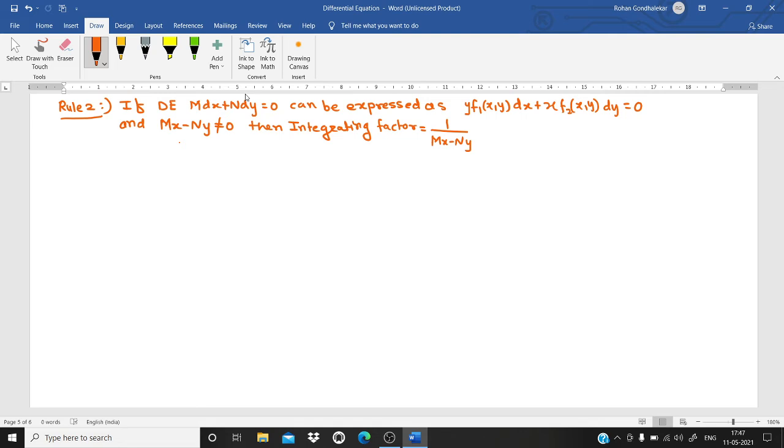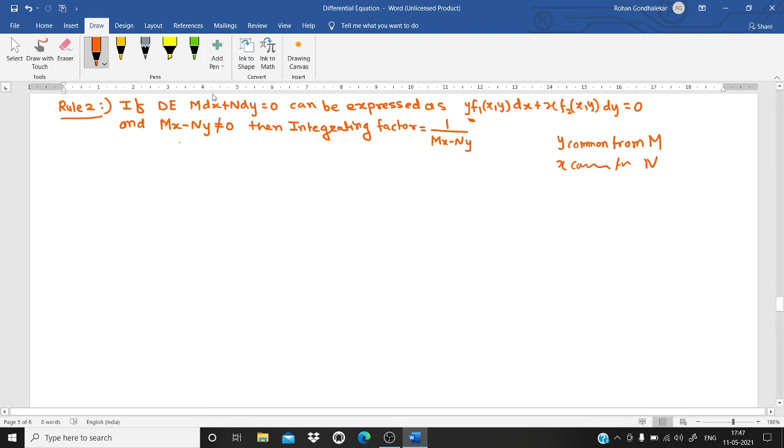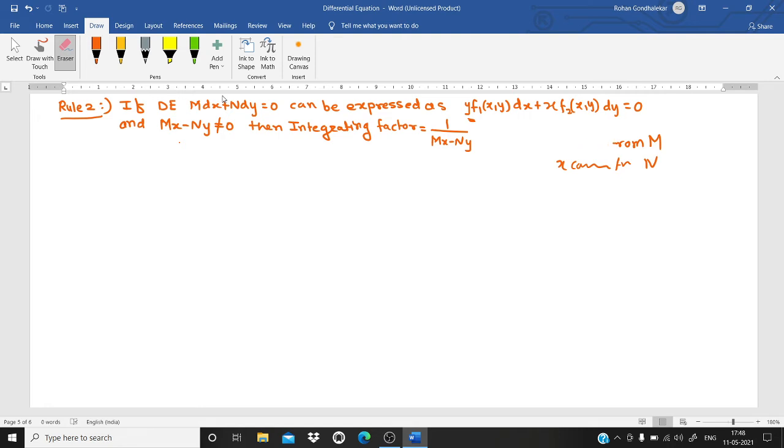It means that we should be able to take y common from m and x common from n. See, look at this. We have taken y common from f1 of x comma y, but if I multiply y to the inside of the f1, we get m back. Similarly for n, if we multiply x with the f2, we get the n. So this is a very important condition that you should remember.